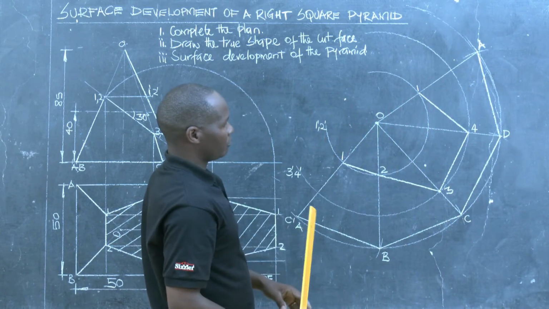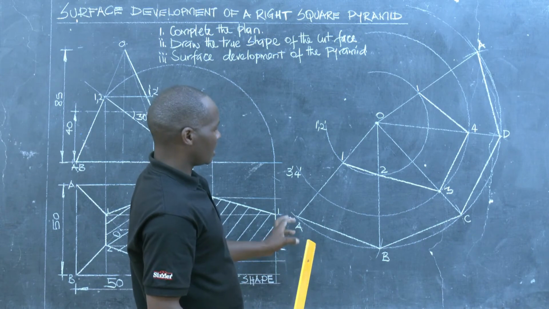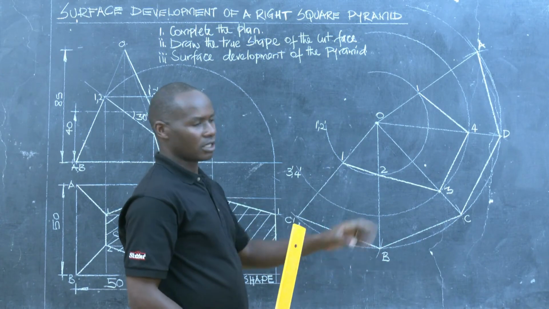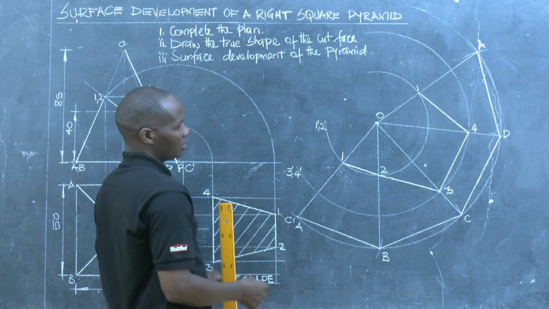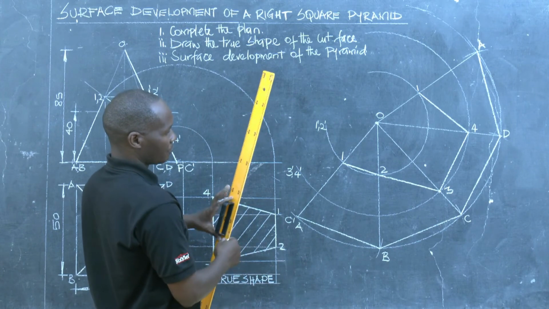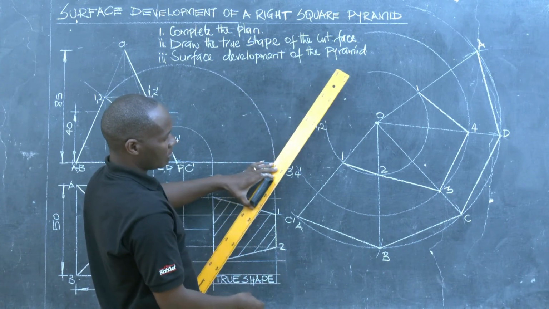So there we are, we defined the base, but now we need to draw the edges to define the real shape of the truncated pyramid sides.